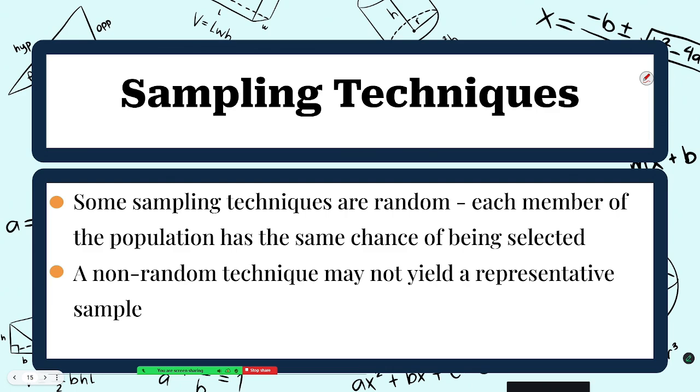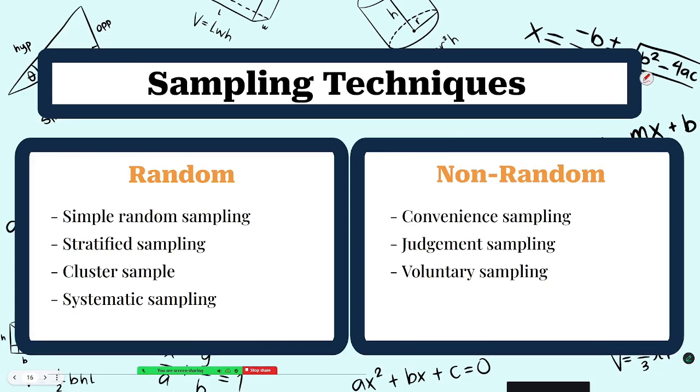If it's not random, you're risking running into bias and not having a representative sample. So when we break it down, we know that sampling techniques can be random or non-random. Random sampling techniques include simple random sampling, stratified sampling, cluster sampling, systematic sampling, and then non-random can be convenience sampling, judgment sampling, voluntary sampling.